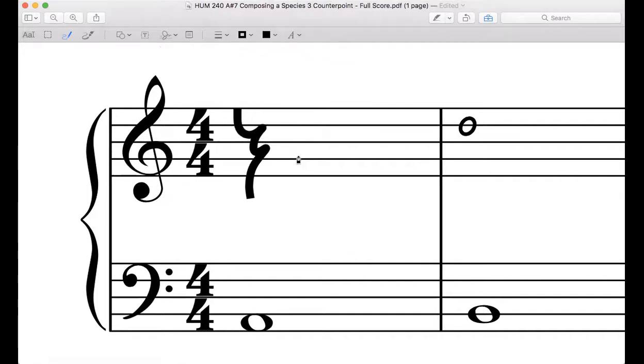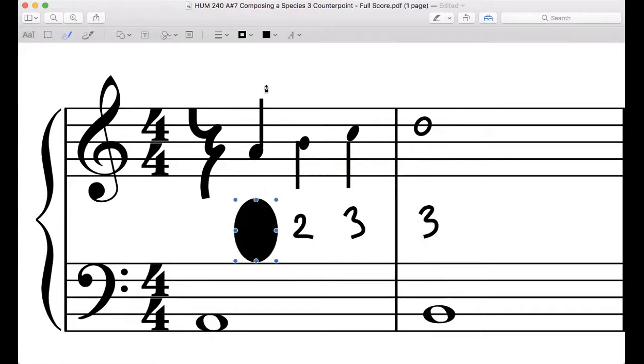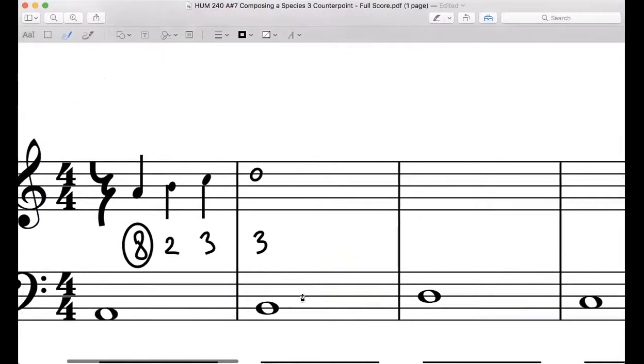Okay, and what could I do? Well, let's see if I just try to walk up. Does that work? Oh, look, I have enough beats here. I think this actually works well. So I'm going to finish those quarter notes. Okay, that works. Then again, I'm filling in the intervals. Here, is it okay to have parallel thirds? Totally fine. Oops, I don't want to block that out. And there you have it. Okay, there's our first measure.